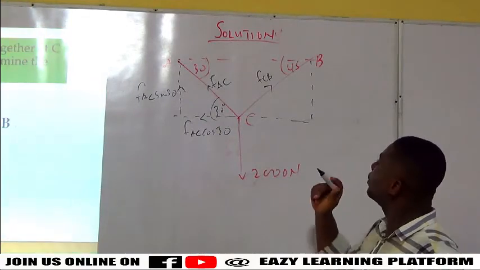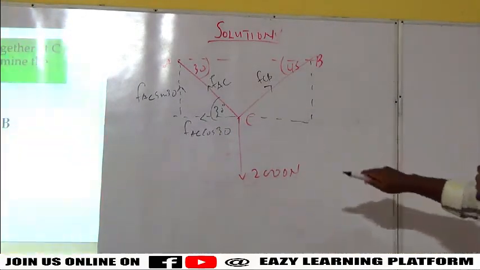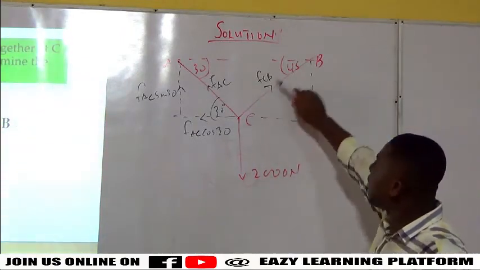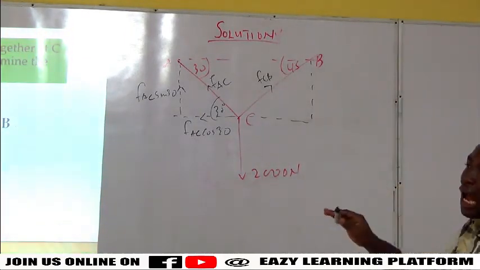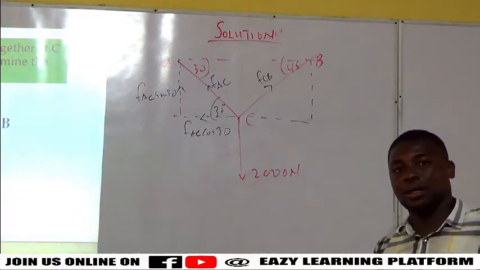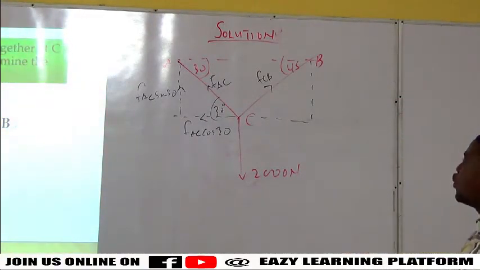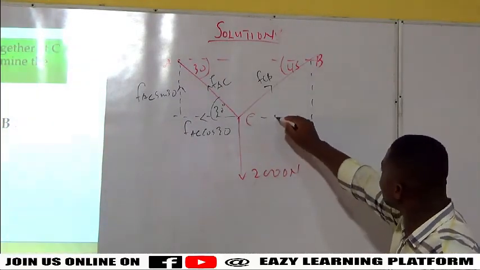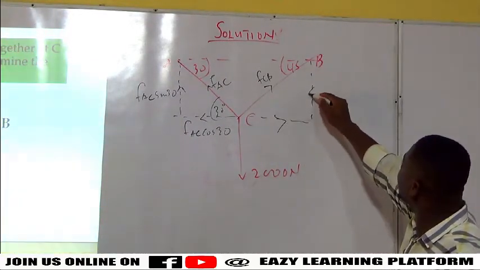So this time round, the force is moving from C to B. That's the direction of the force. It means that I have to move from C along the Cartesian plane toward B. So I move from C in this direction and that direction.